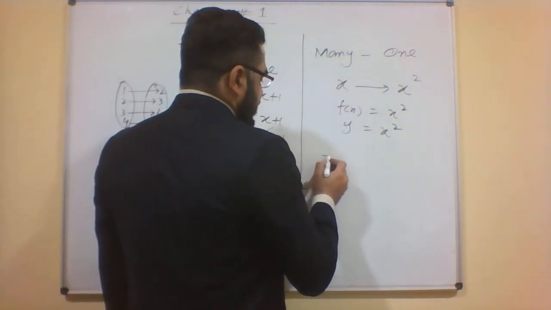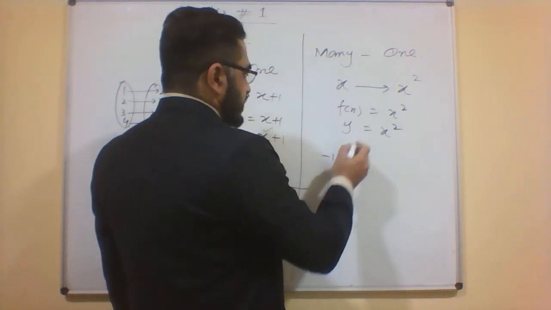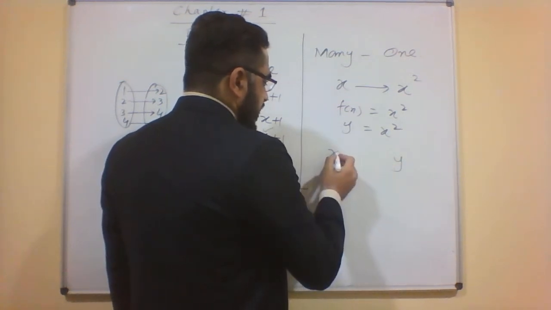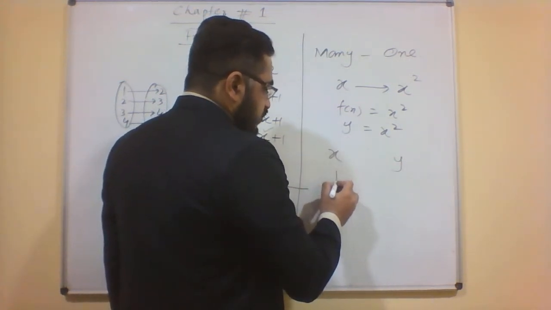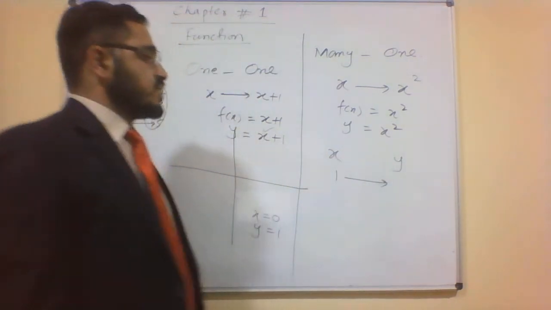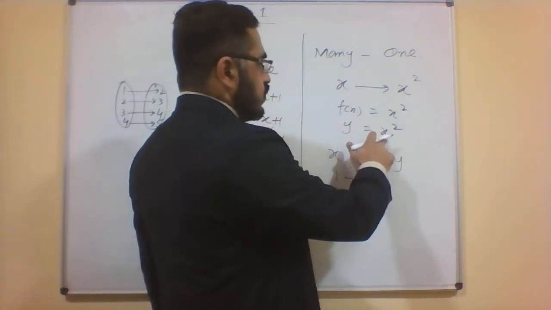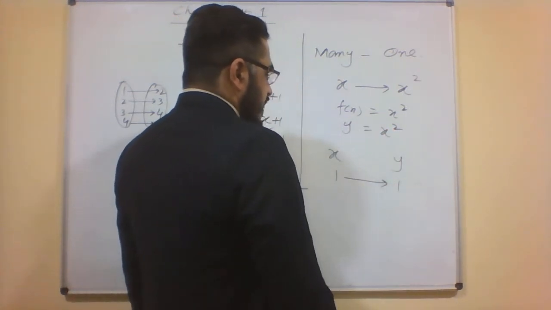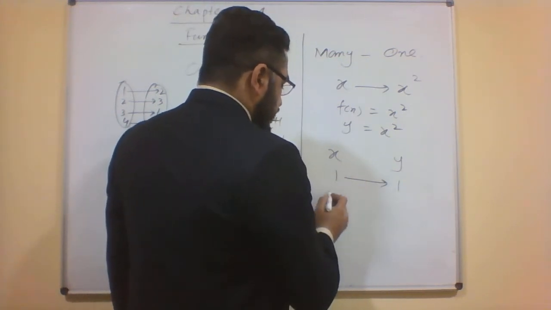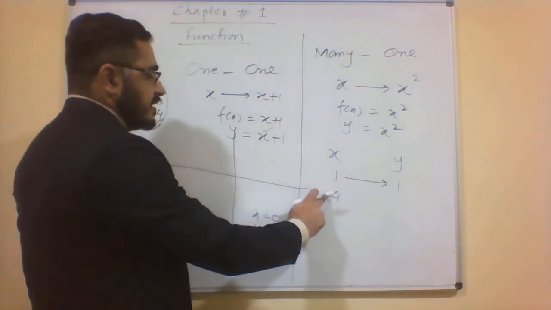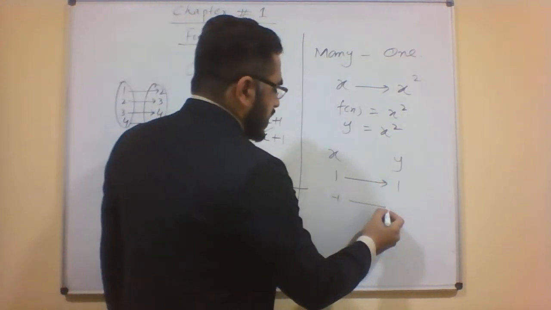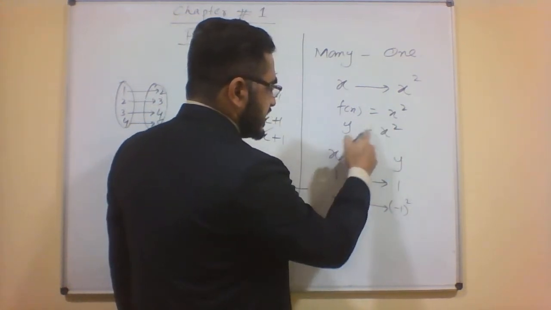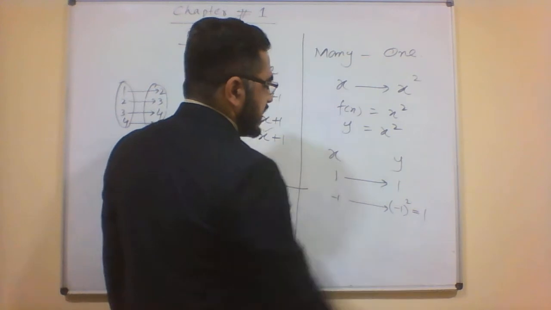Here I am writing the values of x, here domain values, here range values. If x is 1, what will be y? 1 square is 1, y is equal to 1. If we are taking x equal to minus 1, what will be the value of y? y is minus 1 square. You know minus 1 square is plus 1.